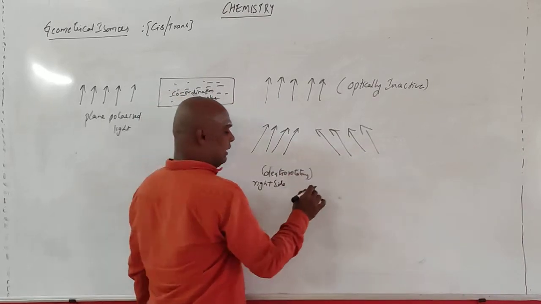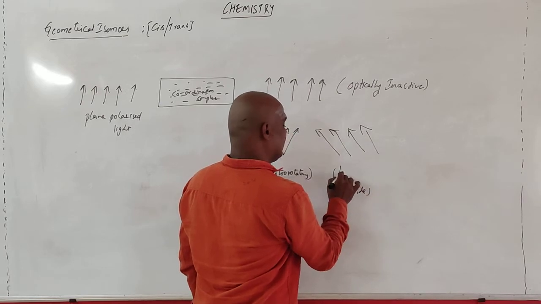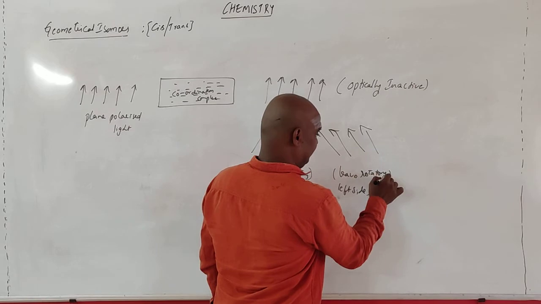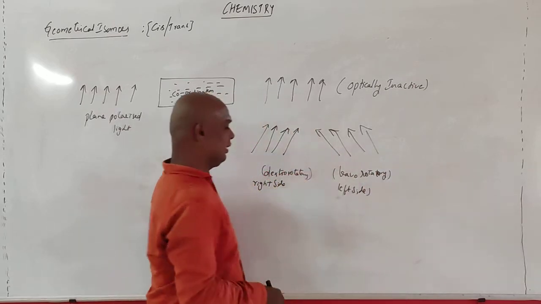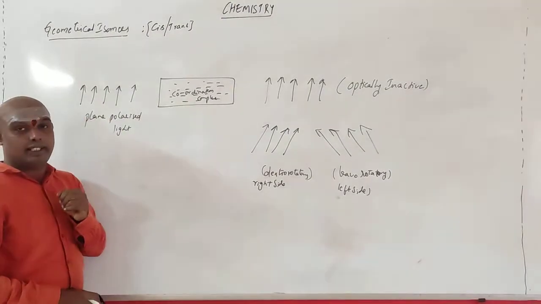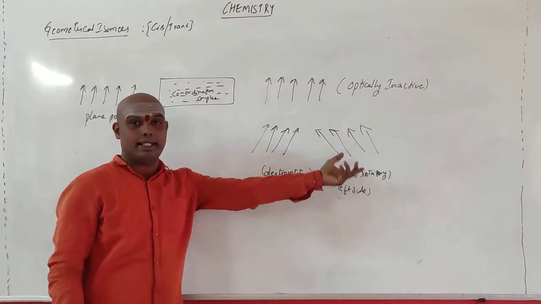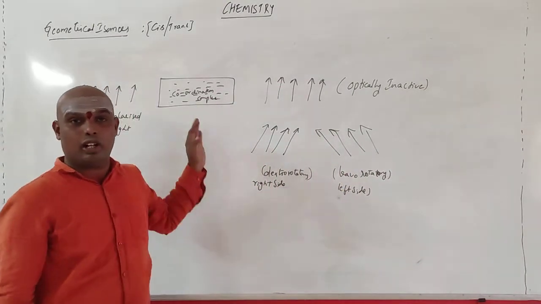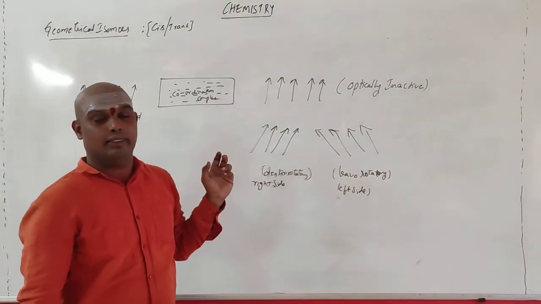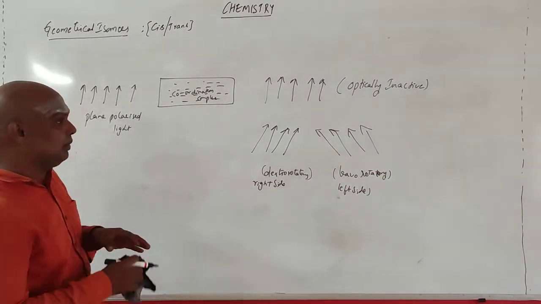If it is rotating the light to the left side, it is called levorotatory. So if the light rotates towards the right side, that is called a dextrorotatory compound. If the light is rotated towards the left side, then that is called a levorotatory coordination compound. Okay.